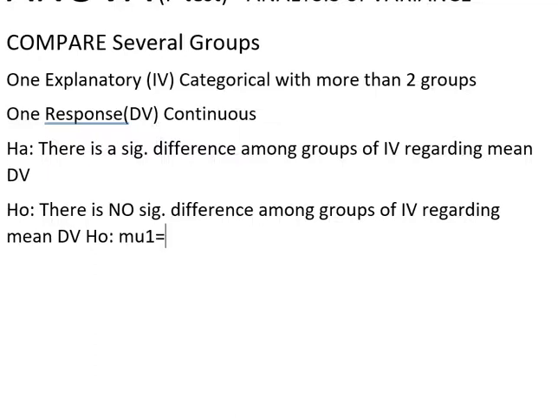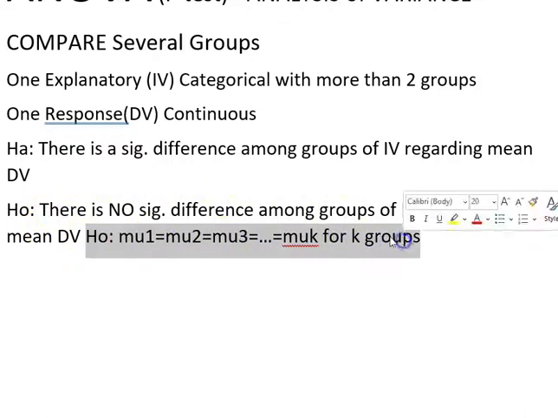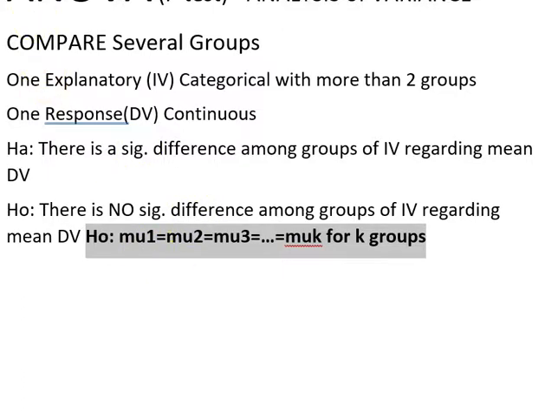Mu1, group 1, is equal to mu2, is equal to mu3, is equal to mu k, and we have k groups, right? For k groups, H0, there's no significant difference. We can also represent it this way. And actually this is in the book, so just want to make sure you know how it looks like.